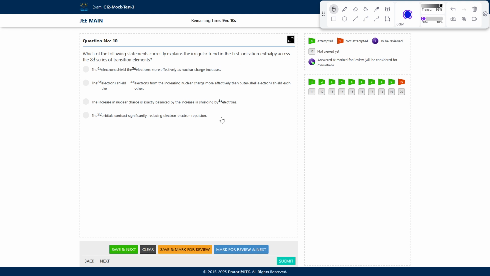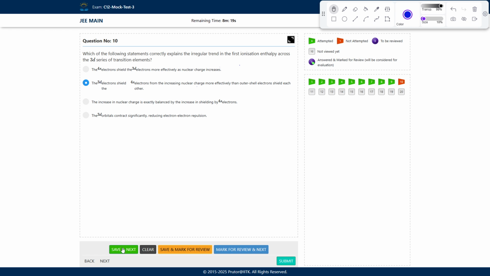So the 3d electrons shield the outer 4s electrons from the nuclear charge, and this results in a slower increase in the ionization energy compared to the non-transition elements. So our correct answer is going to be option B. Due to this, the ionization enthalpy trend is irregular in the 3d series compared to the non-transition elements. So option B is our correct reason behind this.